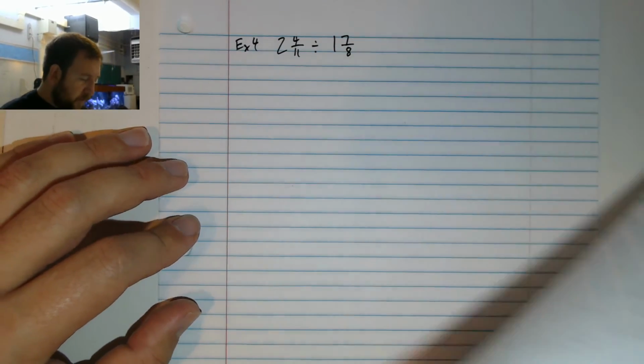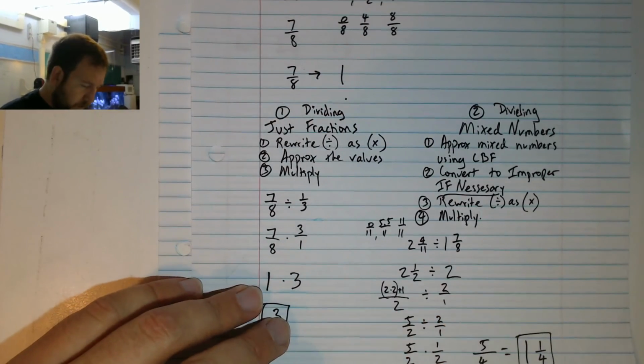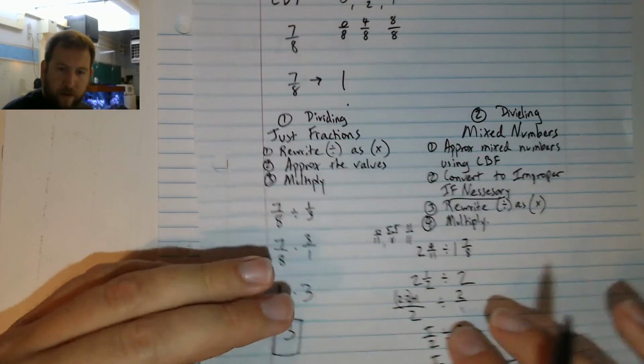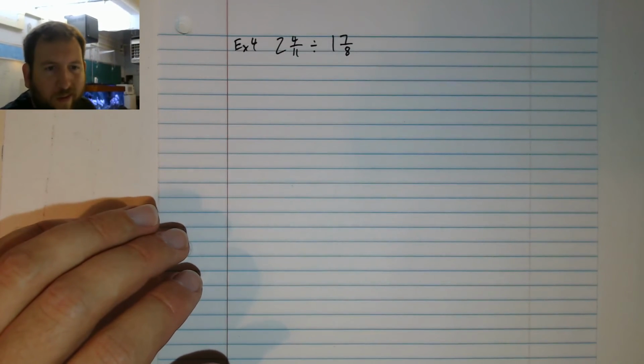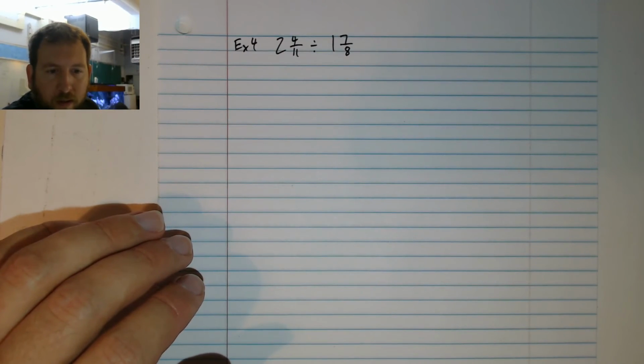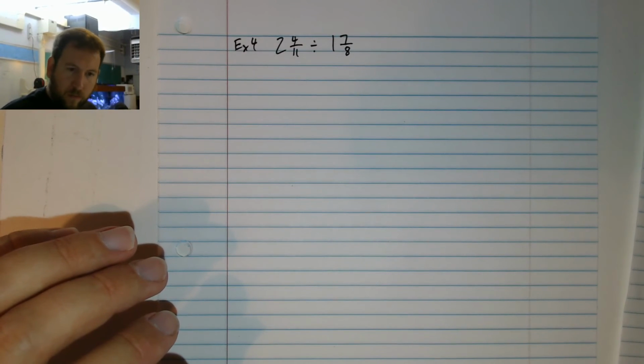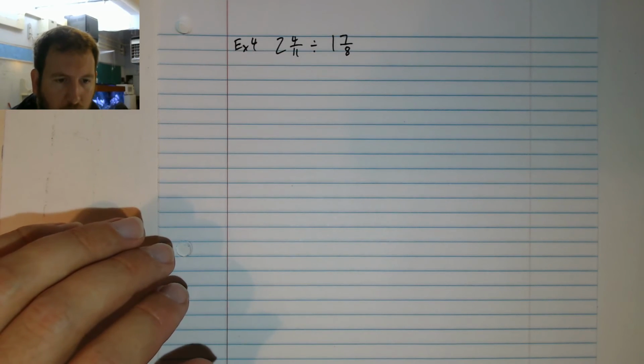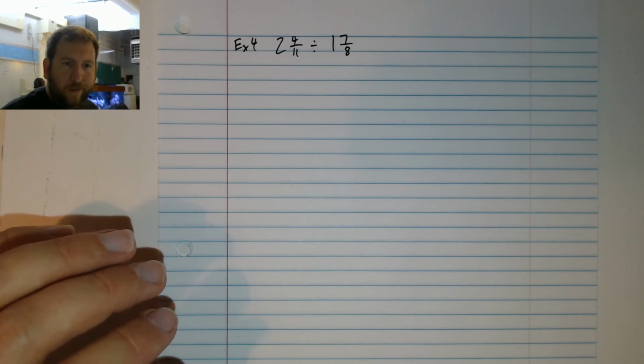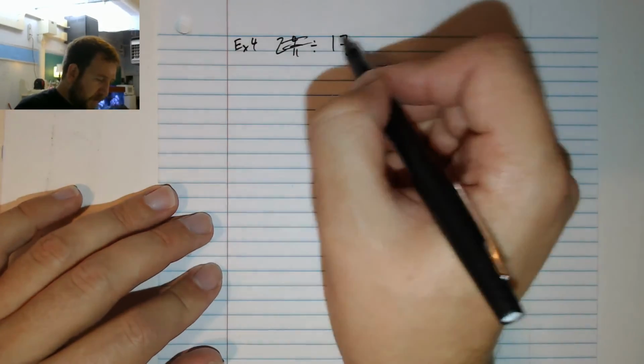All right, so for this one, I feel like I did this one already. I did, it's right there. Which example am I missing? Ah, here we go. Well, we'll just make one up.